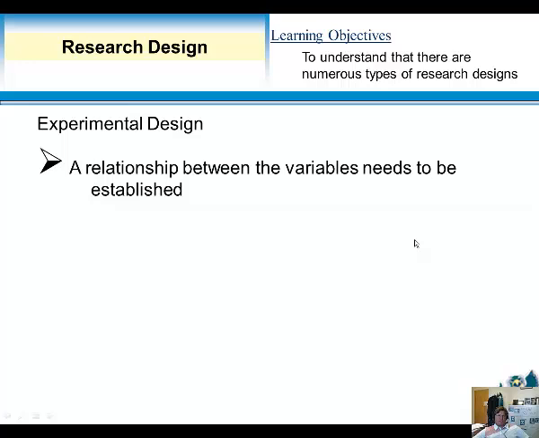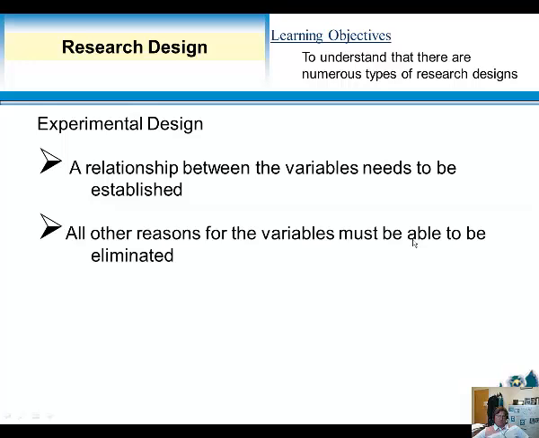So in that traditional experimental design, we're looking to try and establish a relationship between variables, between independent variables and dependent variables. While we are doing that, we need to make sure that we eliminate all other types of variables to be able to say that it was the impact of the independent variable that created the change in the dependent variable.